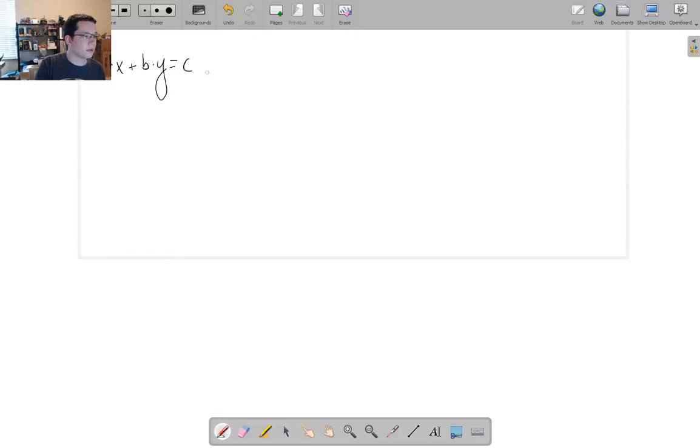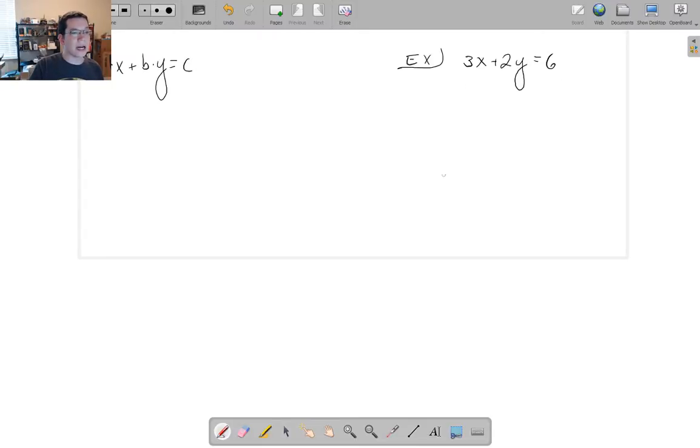For example, I have 3x plus 2y equals 6. I want to know what is the graph of this function.